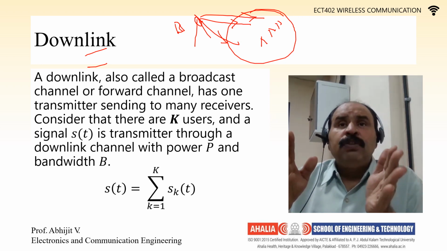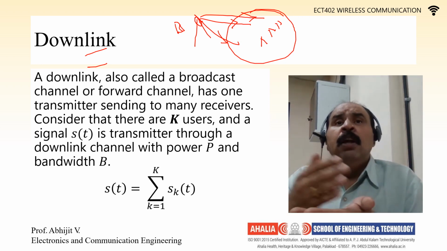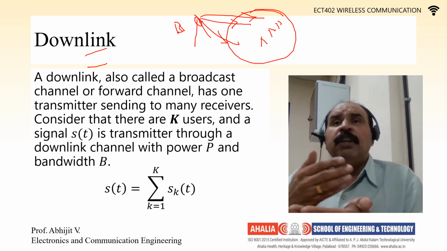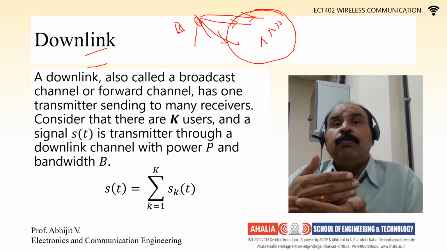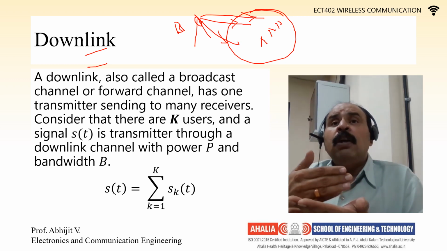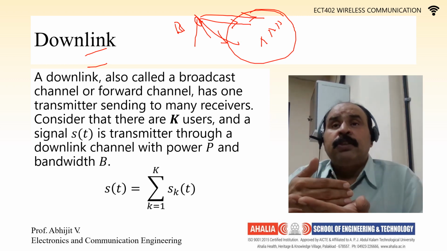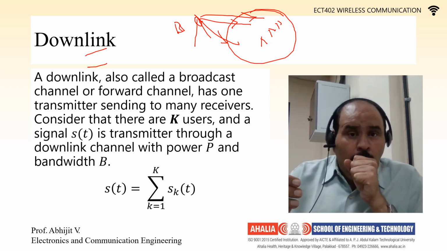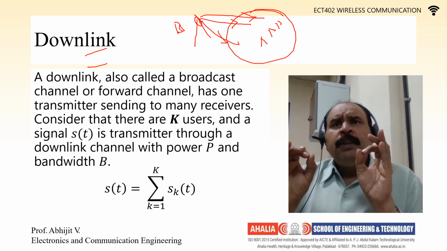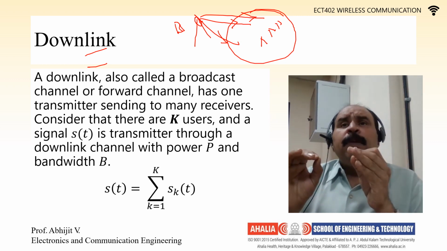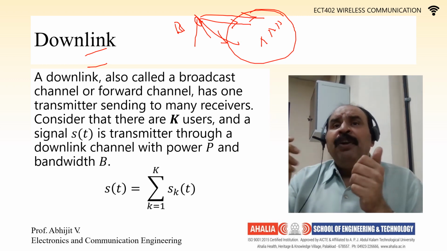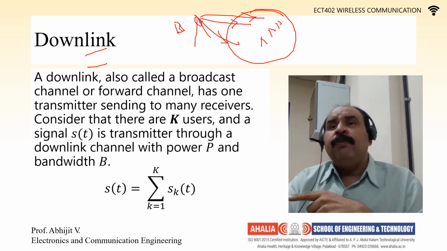Frequency division duplexing means you are dividing the channel according to the frequencies. That means there is a possibility of receiving and transmitting a signal simultaneously at the same point of time. This is called full duplex. For half duplex, you might have seen the wireless systems used by the police department and others.